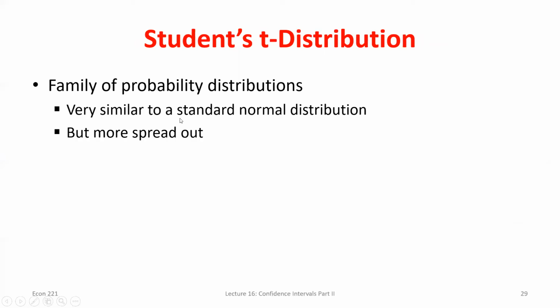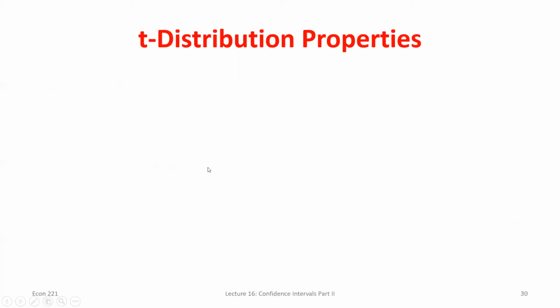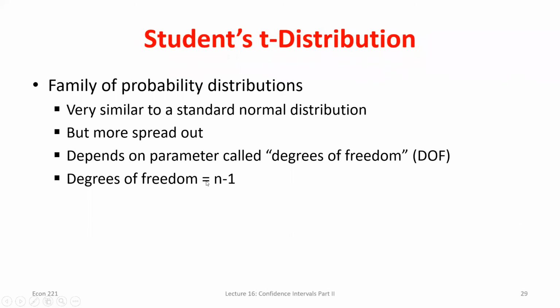Each sample size is going to have a slightly different student t-distribution. So instead of our sample size, we're going to call it our degrees of freedom, right? So n-1 is going to be our degrees of freedom. It's directly related to the sample size, right?